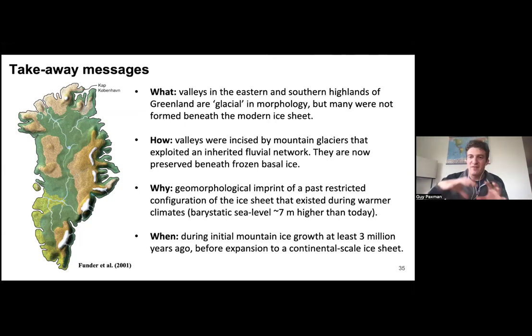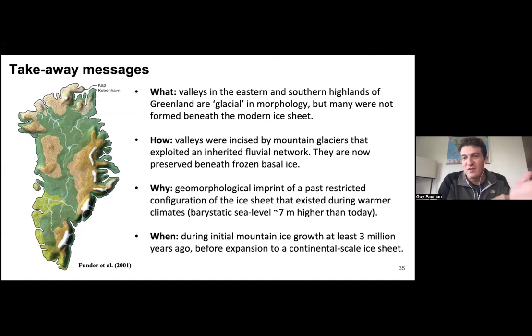We see these restricted valleys and networks being the hallmarks of one state of the ice sheet, and then we see the fully glacial, continental scale signature of the ice sheet around the margins as well, which maybe suggests that there's almost two fundamental constraints the ice sheet occupies: the more restricted mountain scale one, and then it expands out relatively quickly to a more continental scale one like we see today or during the LGM.